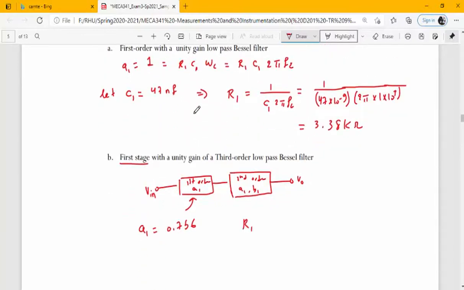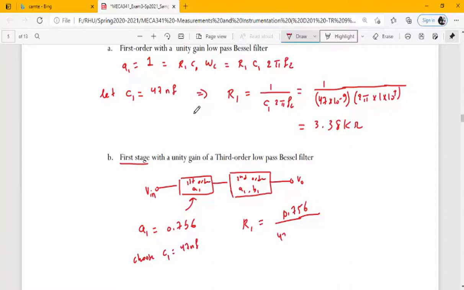Again, for R1, we can use the same formula. R1 is equal to 1 over, A is equal to 0.756, over C1 times the cutoff frequency. Let's take C1, choose C1 equal to 47 nanofarad.